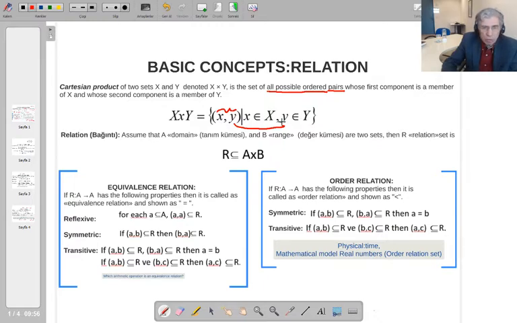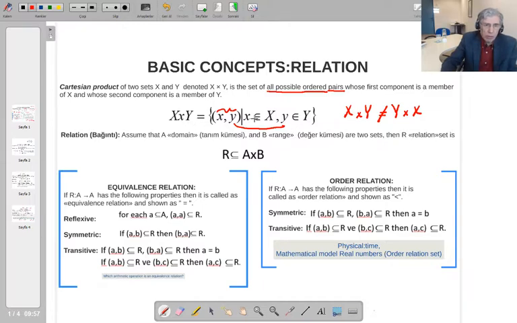This order is important. The conclusion is this: x Cartesian product y is not the same set as y Cartesian product x, because the order is changing, isn't it? In this one, the first element is going to belong to y. That's why you can't do that. So this is not true.